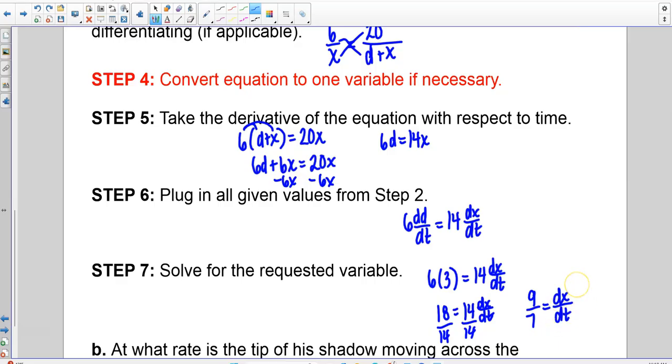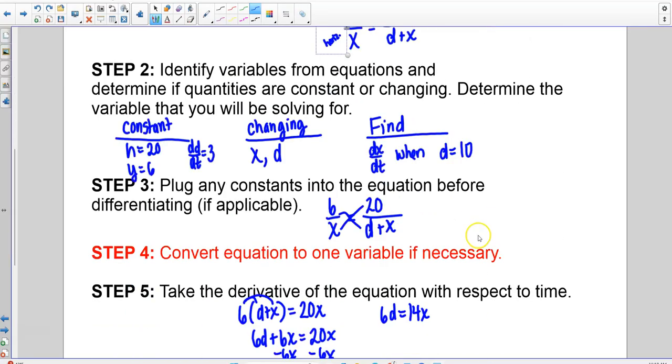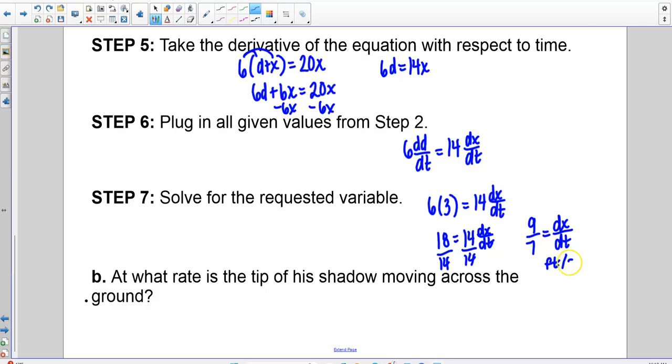That is the length of a shadow, which is measured in feet per time. What was time on this one? Seconds. So feet per second is our answer for that. Didn't even actually need d, right? Because what happens is both things are changing at a constant rate, like a different rate, but both rates are constant there.